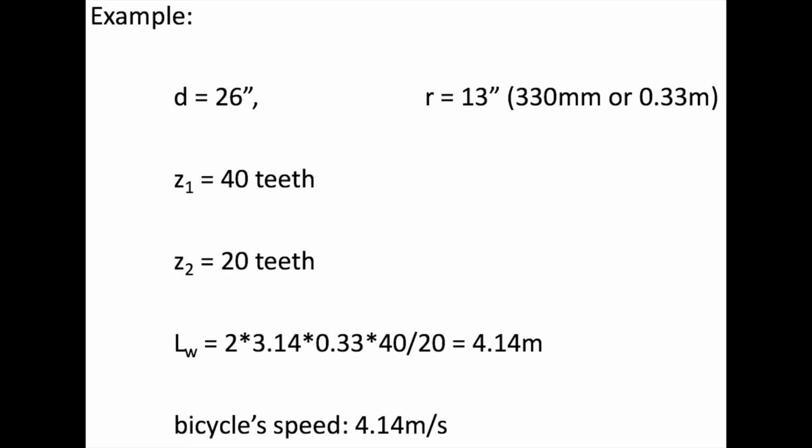To continue our example, if the wheel size is 26 inches, the radius is 13 inches or about 330 millimeters. Therefore, LW equals 2 times 3.14 times 0.33 times 40 divided by 20 equals 4.14 meters, and the bicycle's speed is 4.14 meters per second.